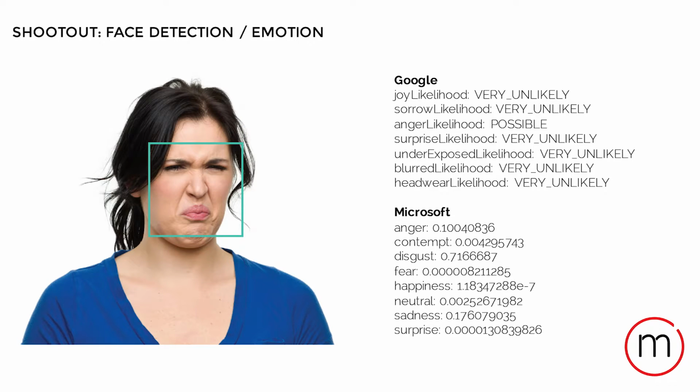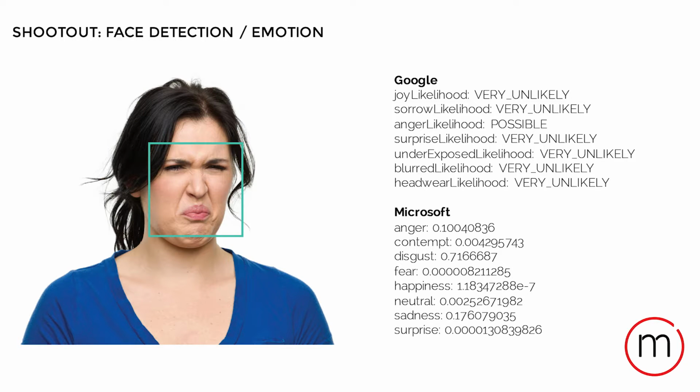Another nice one, face detection. Both Google and Microsoft can get the face out of the picture by drawing something on it, so that's not interesting. But then there's the sentiment, and they both have a different way of approaching things. In Google you can see that there is possibly an angry likelihood, if that's an English word.